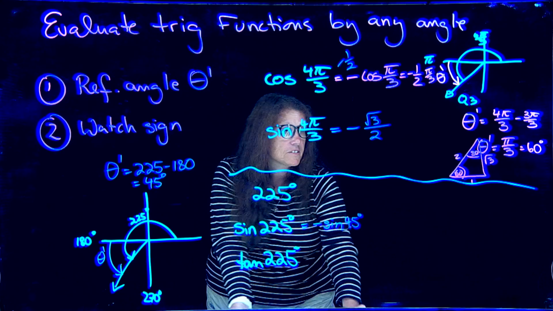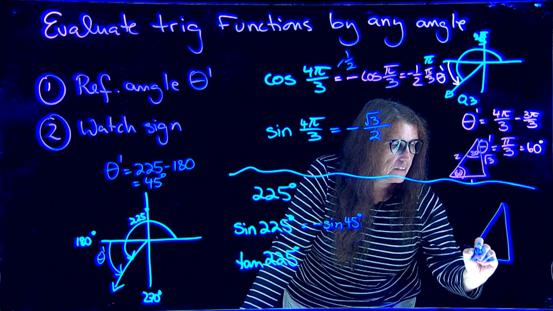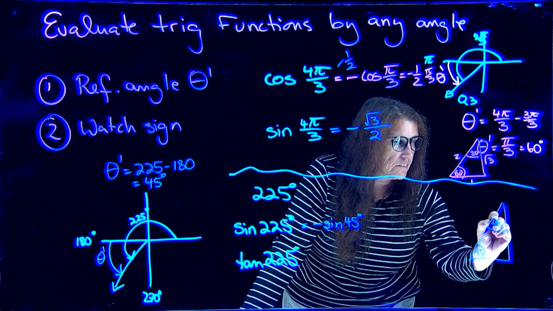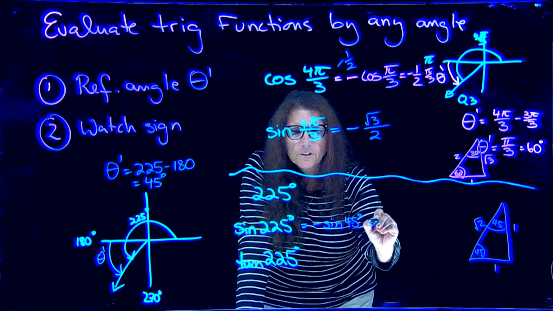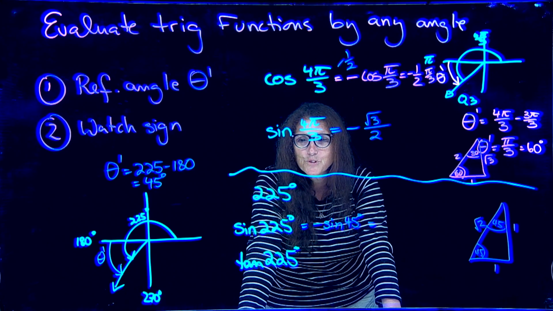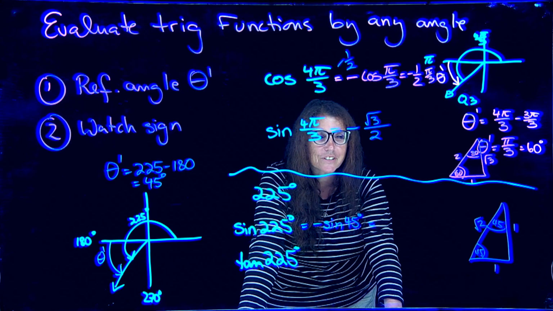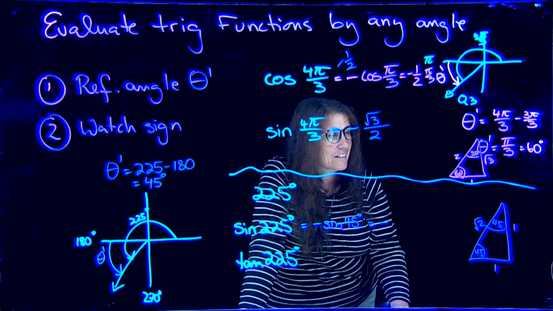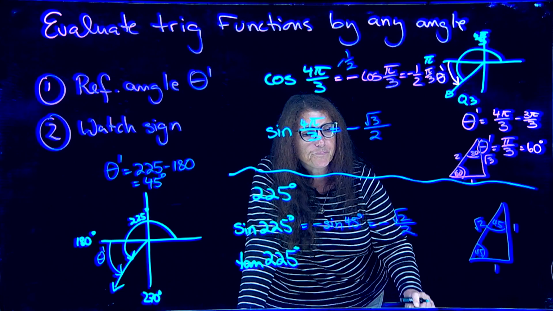45 degrees, special angle. Here's our triangle. We all know how that looks: 1, 1, square root of 2. So the sine of 225 degrees would be negative square root of 2 over 2.